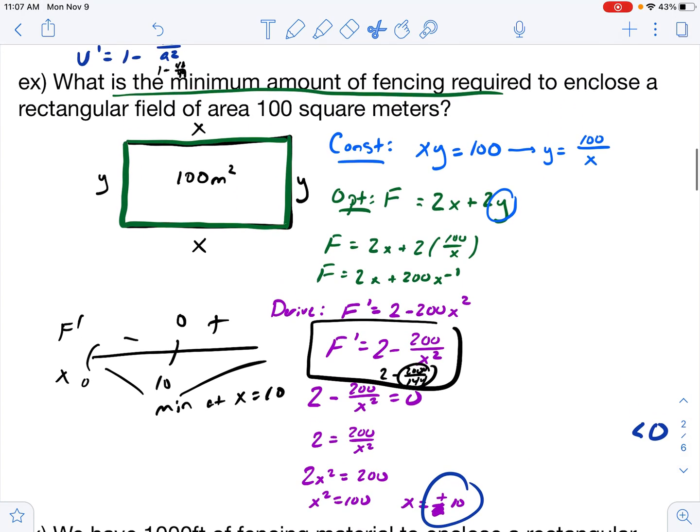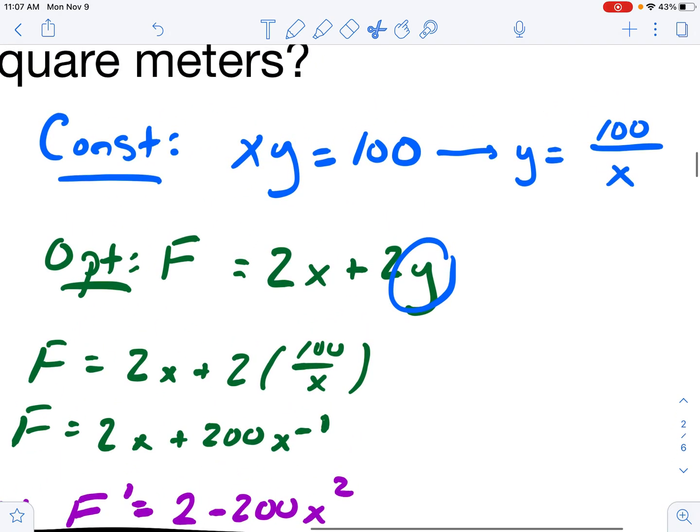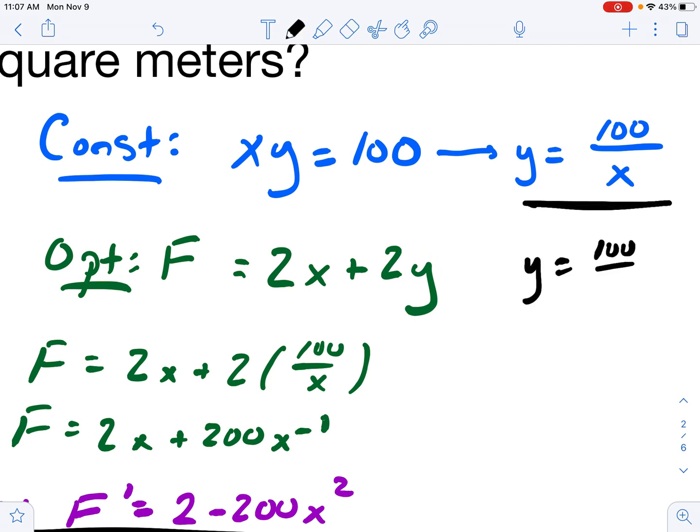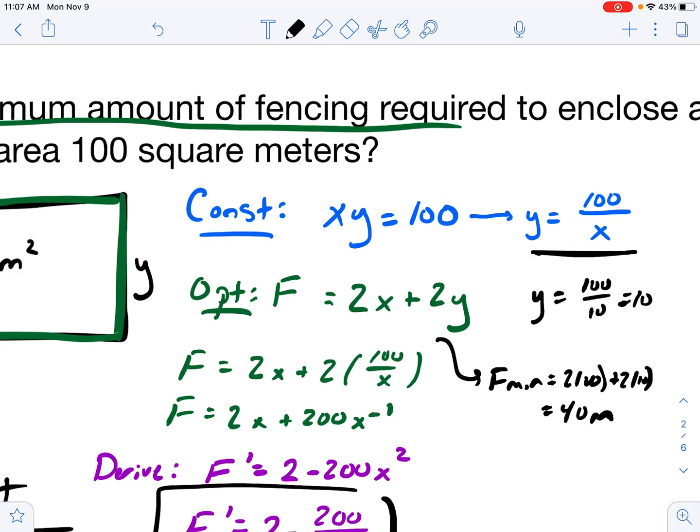And again, what are we trying to do here? What is the minimum amount of fencing required? So the fencing is given by 2x plus 2y. I can come back here and solve for y now that I know x. X was 10, y is also 10. So the minimum amount of fencing, if I sub 10 in for both x and y, it looks like we're going with 40 meters of fencing.